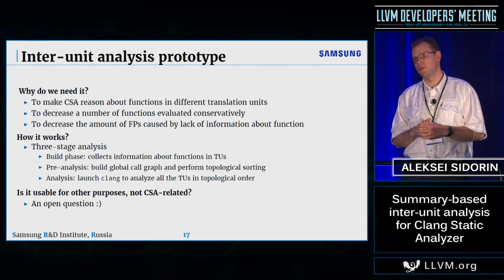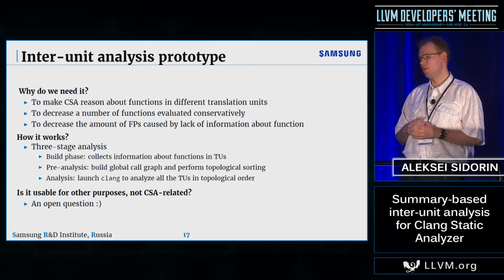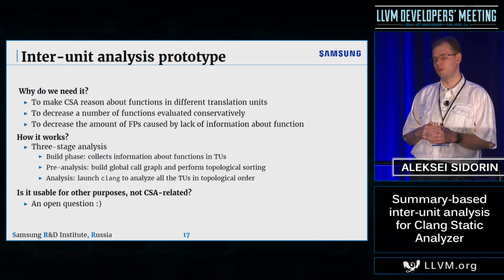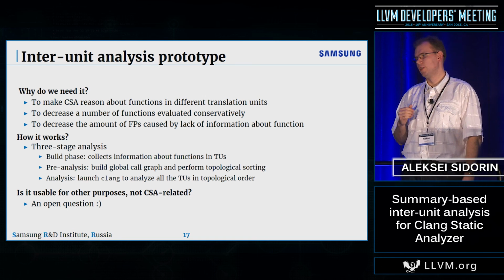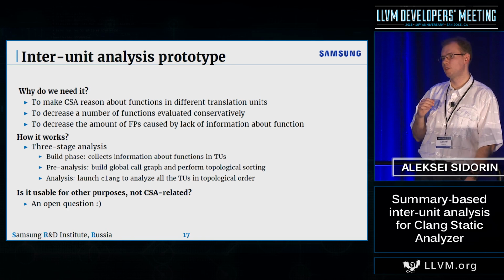The second part of our talk will be devoted to inter-unit analysis. Out of the box, CSA can perform analysis only inside a single translation unit. So it doesn't know anything about function definitions in other translation units and cannot use them.